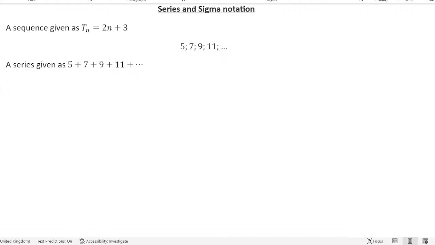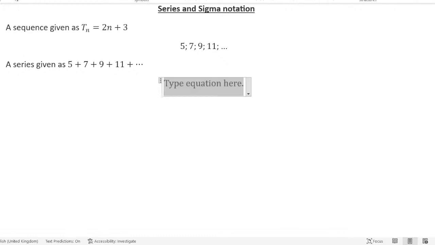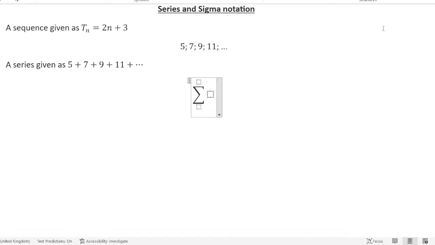And also you can write it in sigma notation. So write it in sigma notation as, here we have Tn.